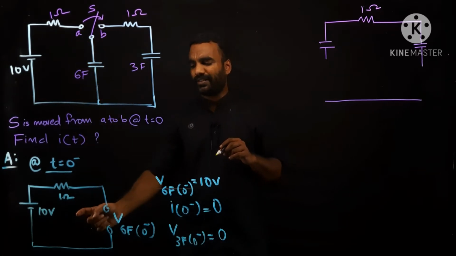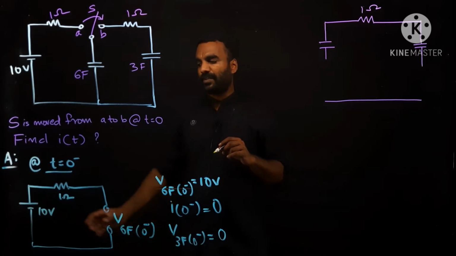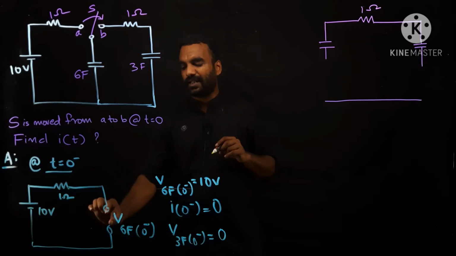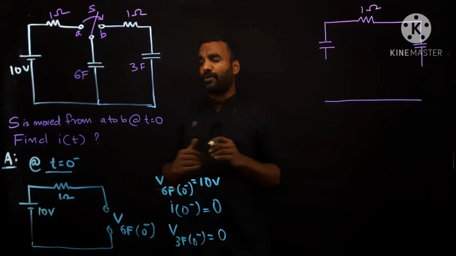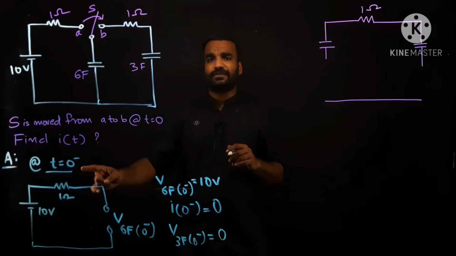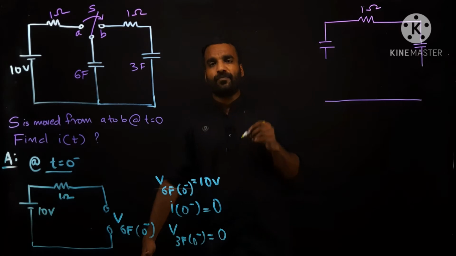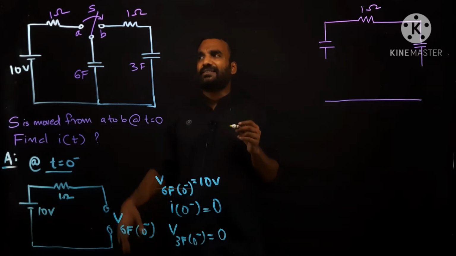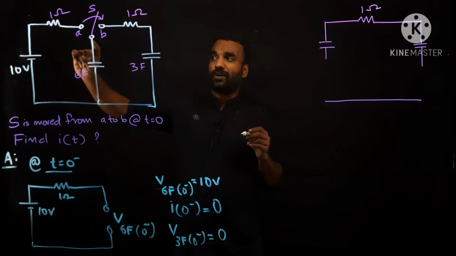So I am drawing this figure initially: voltage source, resistor and capacitor. The other capacitor is not shown here. Why? Because at t equal to 0 minus, the instant just before switching, the switch has been connected to this voltage source for a long time.